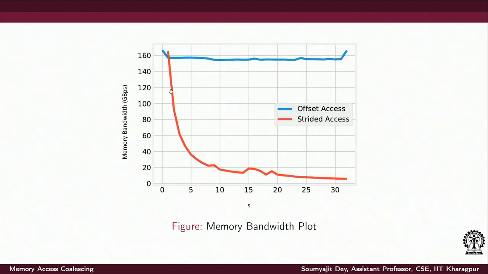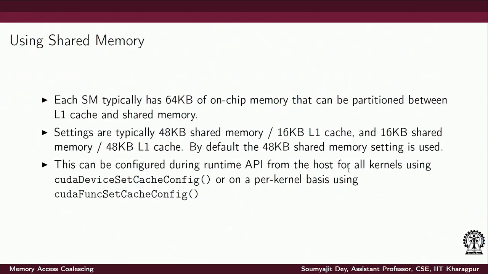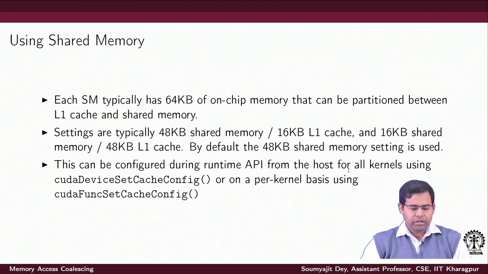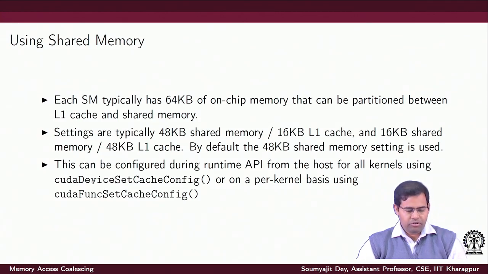If you remember the curve that we were showing, based on the different ways of accessing an array, whether an offset-based access or a strided access, we could see how the memory bandwidth exploited, that is the number of global memory transactions per second, was affected. After that, we also pointed out how to configure shared memory and the L1 cache, and what the related CUDA commands are for doing that.